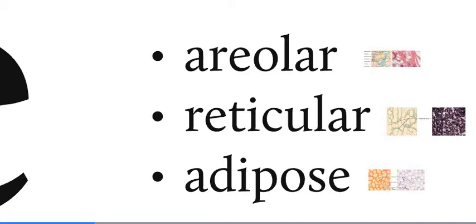The first type of connective tissue to look at more closely is the loose connective tissues. Now, there are three types here. They're areolar, reticular, and adipose. An important part of what makes connective tissues what they are is how their extracellular space is really important to their characteristics.